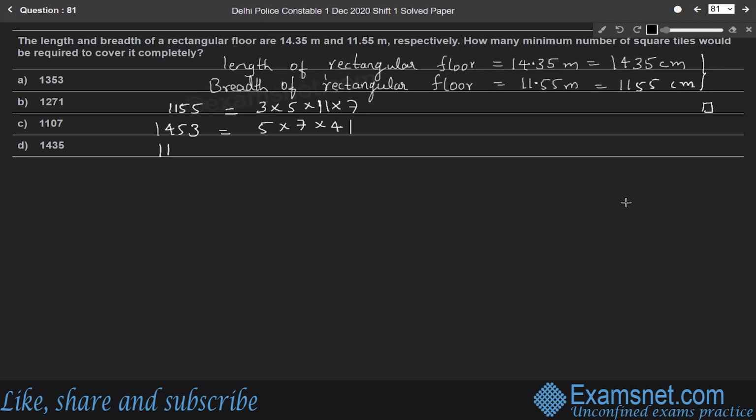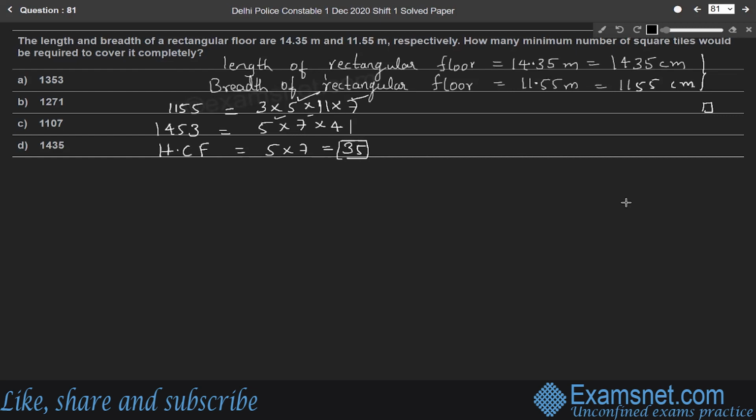So what are the common factors here? 5 and 7, right? So 5 into 7, which is 35. So what is 35? The measure of the side of the square tile, right?